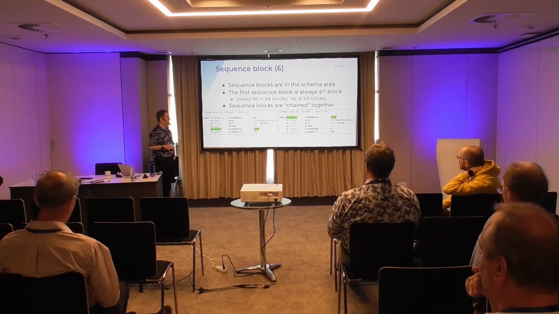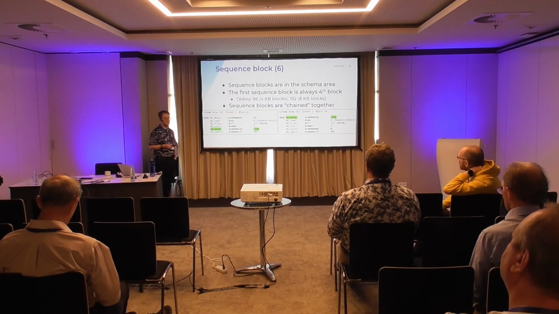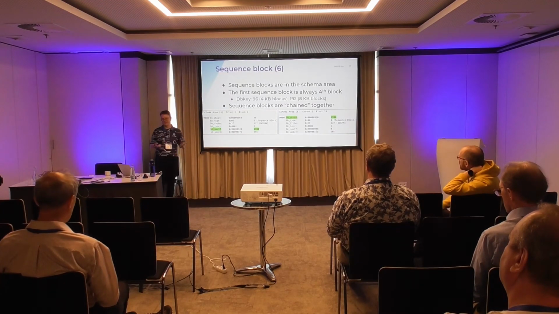But the next DB key, which happens to be block 74 in the area, has a DB key of 2336, and it's a sequence block. So there is a sequence chain, but for some reason there isn't officially a chain value for sequence chain, but that's how they're linked together.